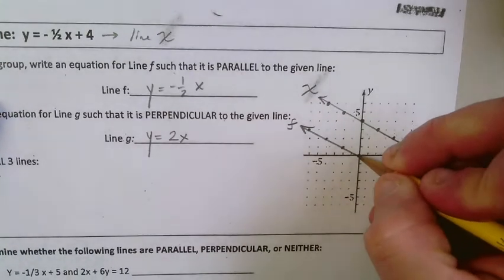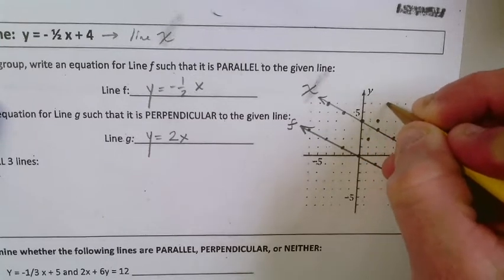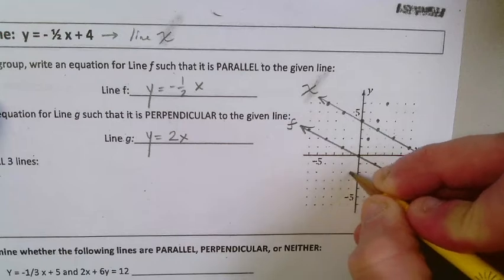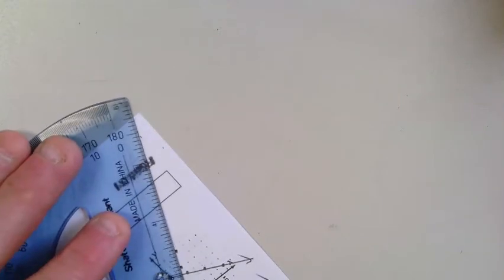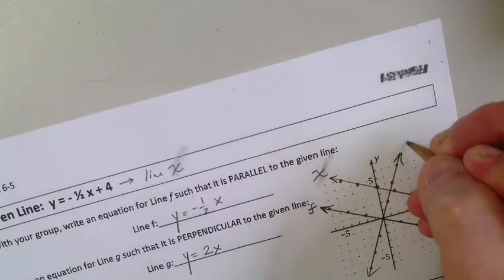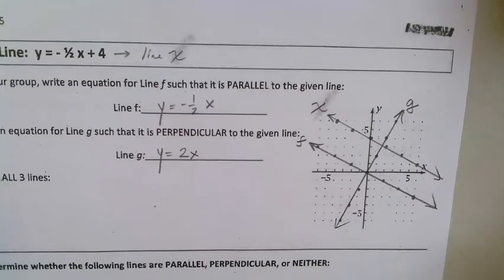And so I'm going to do a 2/1 slope, 2/1, and down 2/1. I'm going to label that line G. Okay? So again, I'm hoping that that's making sense to you how we're doing that.